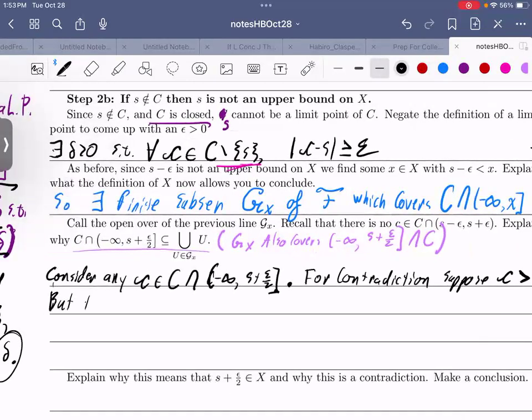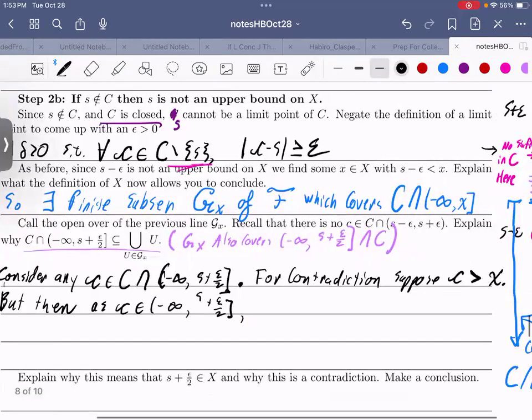But then, as C is in negative infinity to s plus epsilon over 2, C is less than or equal to s plus epsilon over 2. Well, s plus epsilon over 2 is definitely less than s.